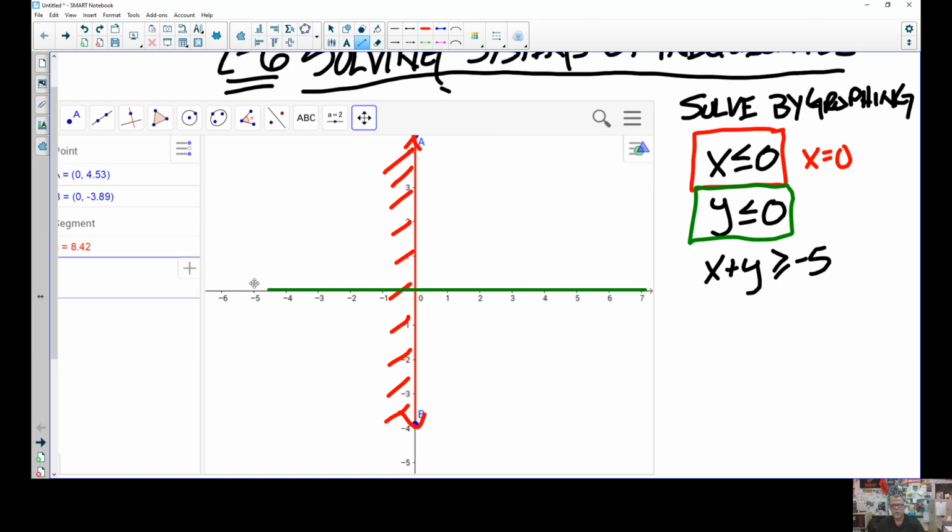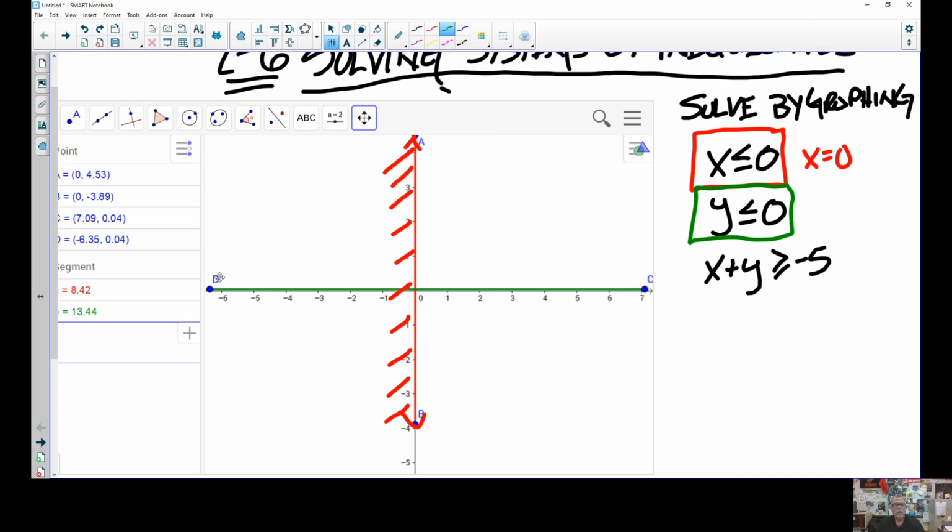So y less than or equal to is going to be right here. It's a solid line because that was less than or equal to. We just graphed y equals 0, the boundary. And less than 0 would be everything over here.